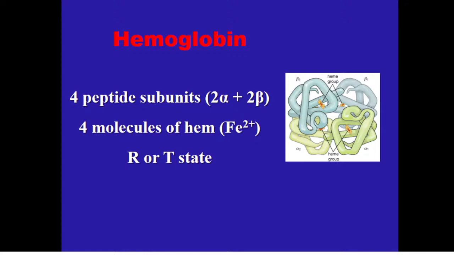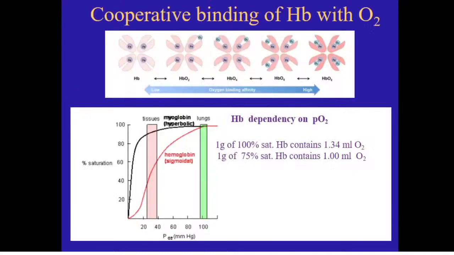Conformationally, hemoglobin can be in 2 states, which are named R or T state. About the R and T states of hemoglobin a little bit later. And now, due to its structure, hemoglobin shows cooperative binding with oxygen.